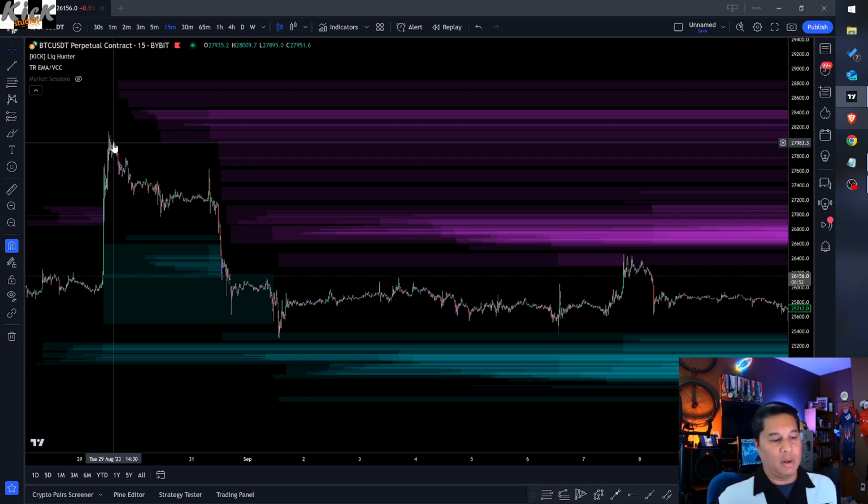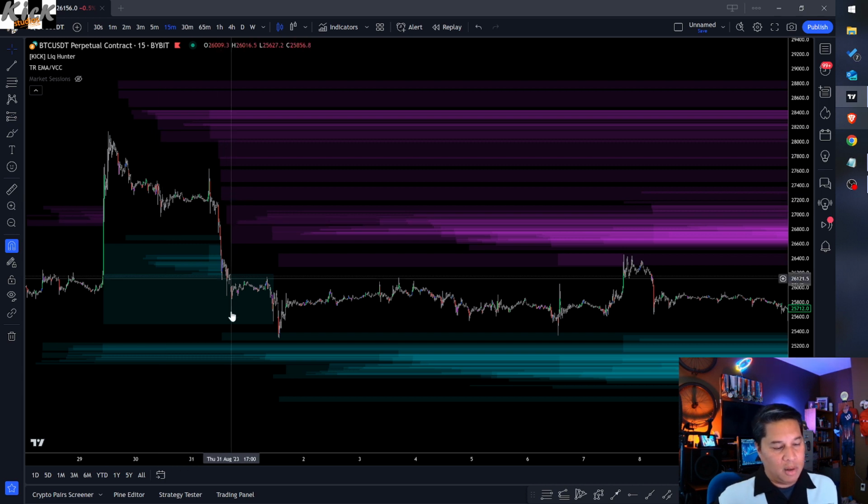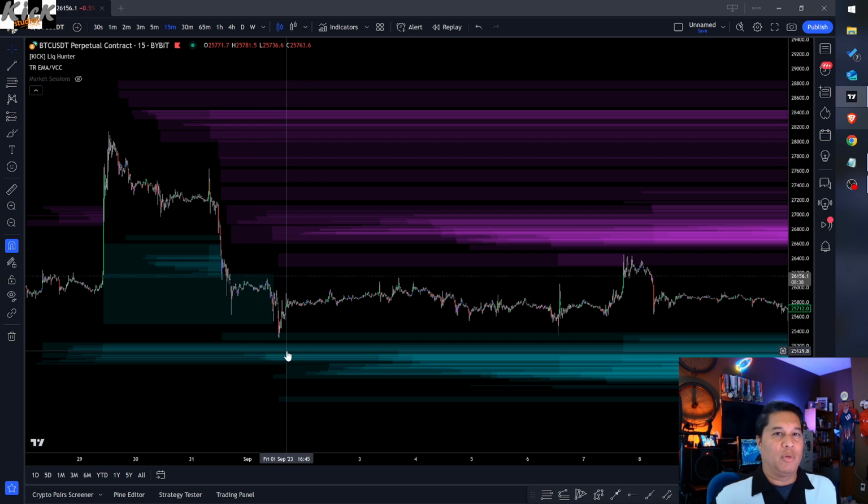Probably not all of them, of course, that's the way markets work, but many of them probably took profits on this move up, or even if they didn't, as it started coming back down, they probably took profits, which is why we were coming back down. Even though this zone is showing, most of those people are probably out of that trade by that point. Okay, hope that makes sense.